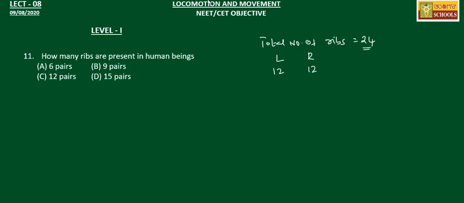Which means there are 12 pairs of ribs present in human beings. So option C will be the right answer.